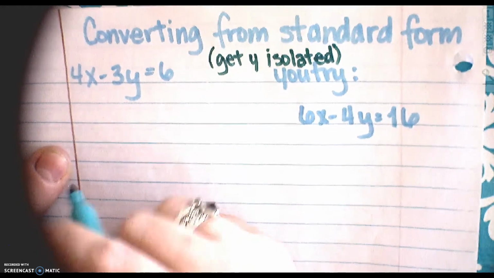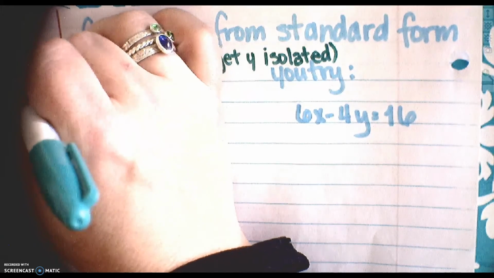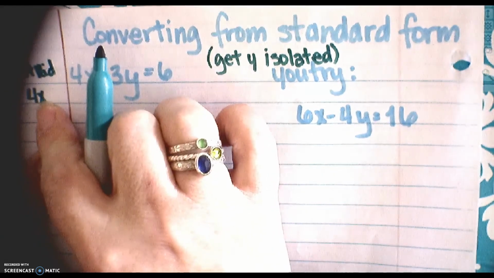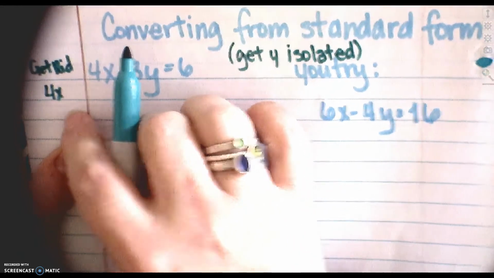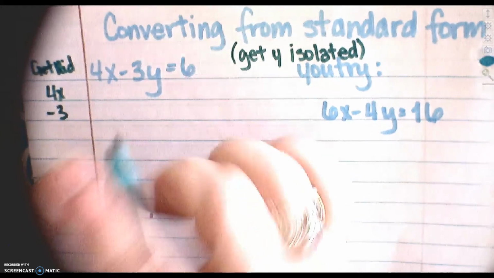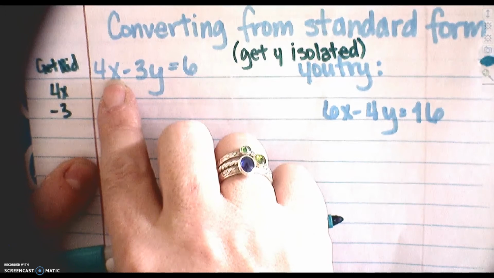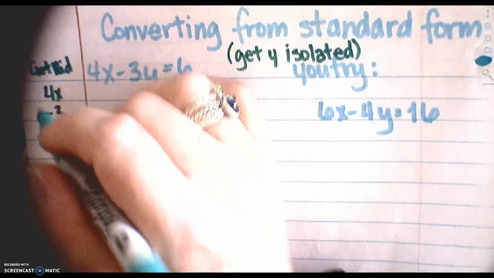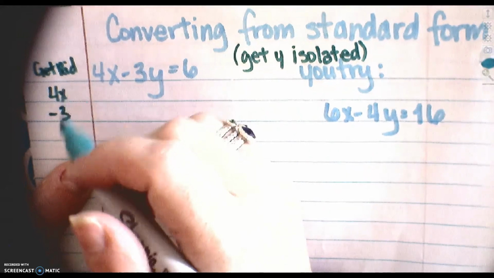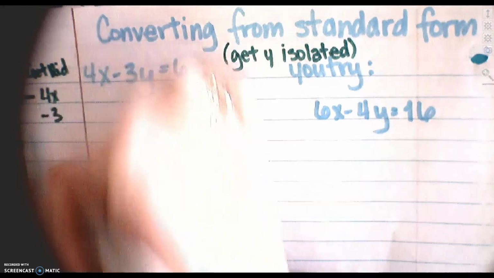So that means we have to get rid of the 4x, and we have to get rid of the negative 3. The 4x is being added to the left side of this equation. So the inverse of adding 4x would be subtracting 4x.